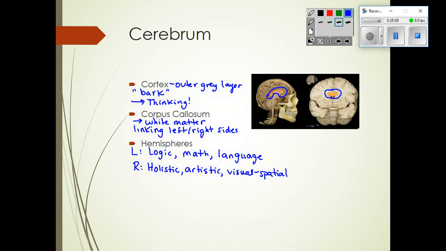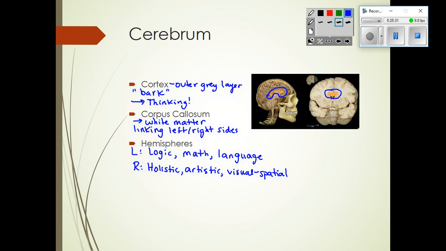So when we're talking artistic, we could be talking about color, we could be talking about other types of visual arts, we could be talking about music and musical arts, so art doesn't mean just drawing. The visual spatial thing, this is the side of your brain that's usually better at processing and seeing how structures can be made in space.